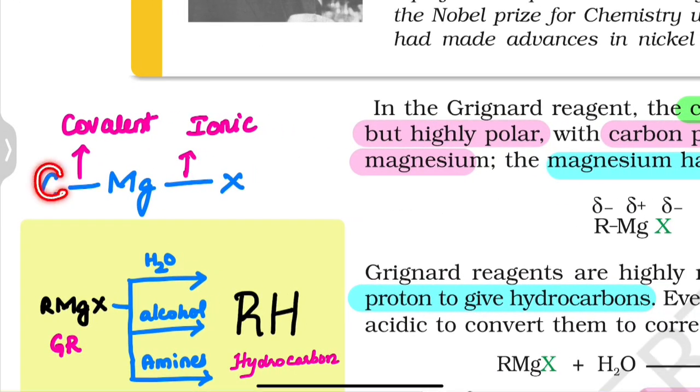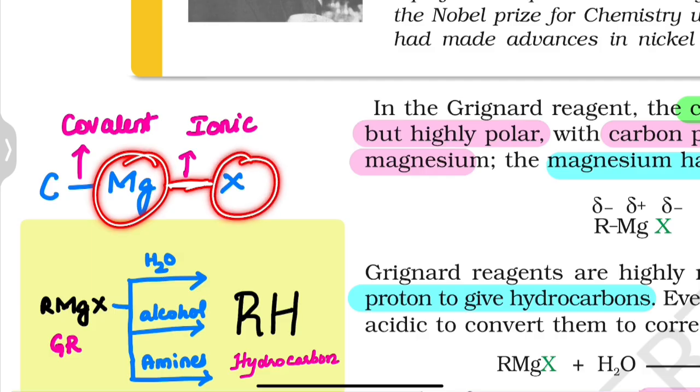See here, this is carbon and this is magnesium. Between carbon and magnesium, the bond which is present is called covalent bond. It is covalent bond, still it is polar in nature. It is highly polar in nature. Carbon will pull this electron towards itself. As a result, it will get a partial negative sign and magnesium will get a partial positive sign. And the bond which is present between magnesium and halogen is ionic in nature.